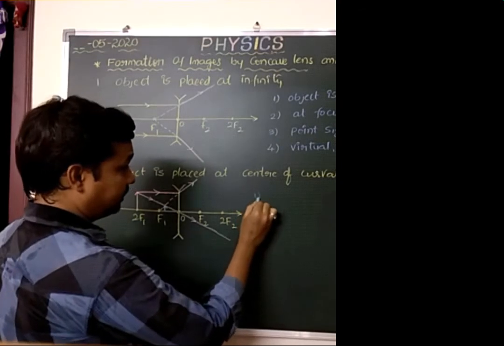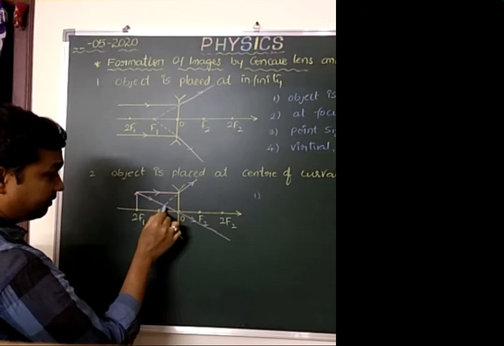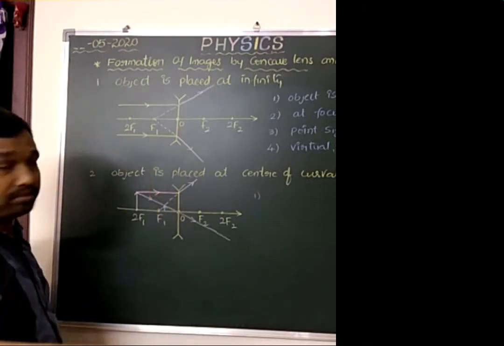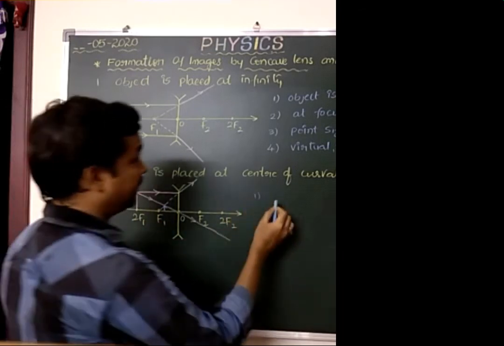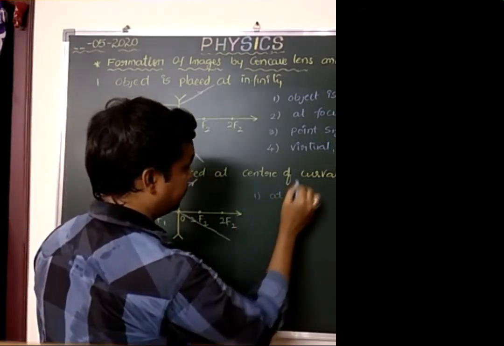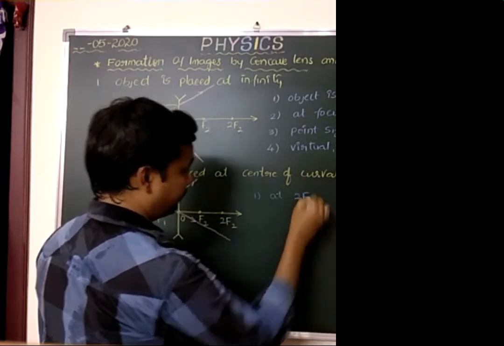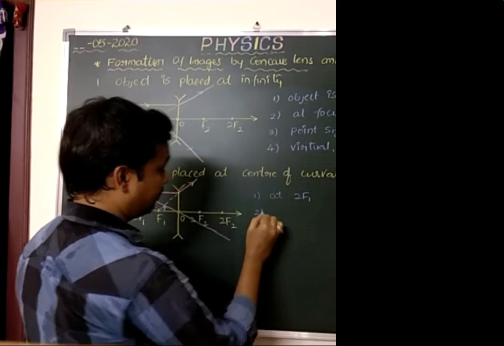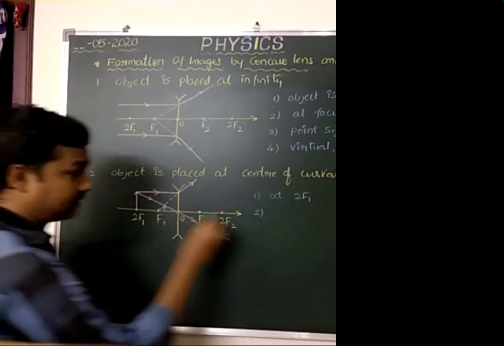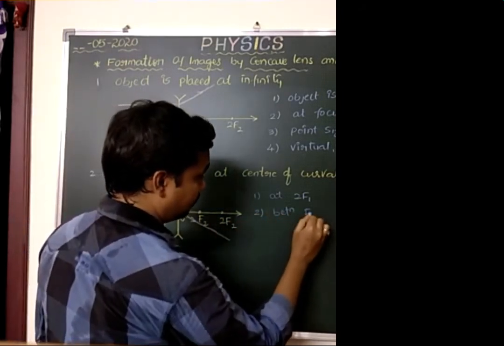What are the characteristics we have? And one more, what is the size of the object and size of the image? Size of the image is smaller than that of object. So we are getting the characteristics. Object is at center of curvature, 2f1. Image is formed between focus and optic center.